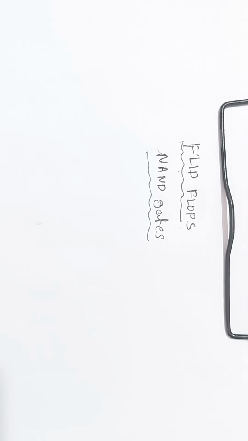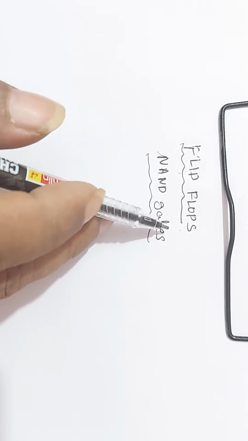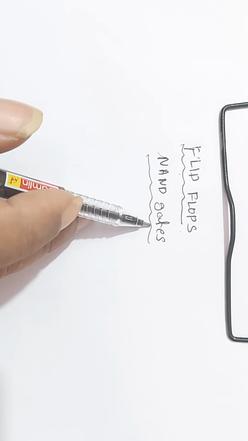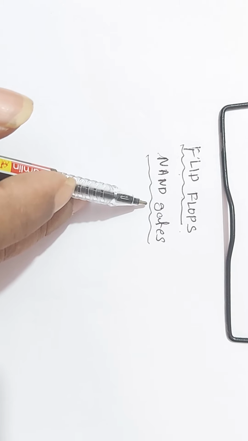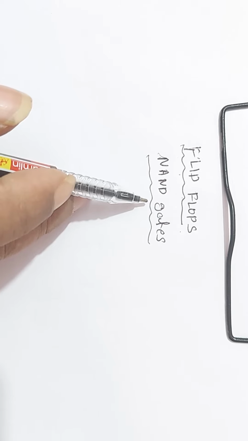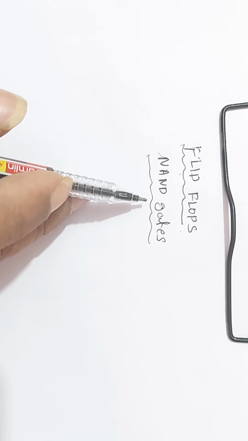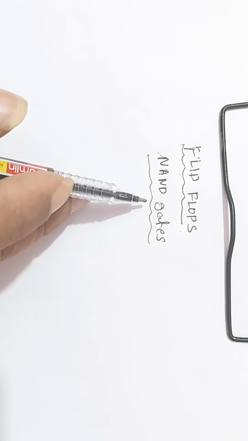In the last class we have discussed about the construction and working of the NAND gate. Before studying about the flip-flop, let us study the working of the NAND gate. We have already studied the working of the NAND gate and its construction using ordinary bipolar transistors and CMOS, complementary metal oxide semiconductor field effect transistors.